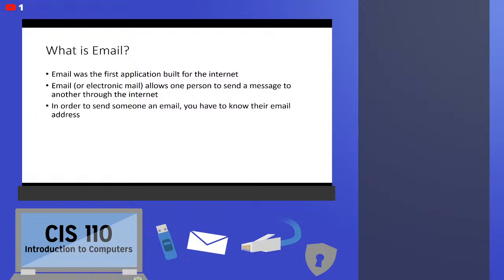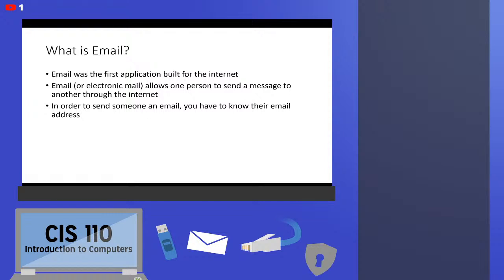And that essentially is the identifier of your mailbox. That's kind of like your house address or your post office box address. That's the identifier for you in terms of where your mail is going to go so it can get to you.